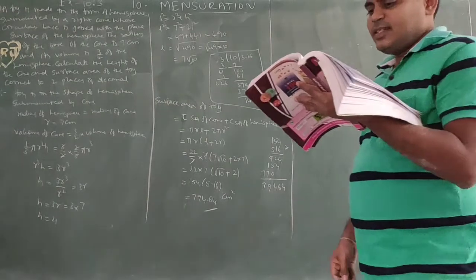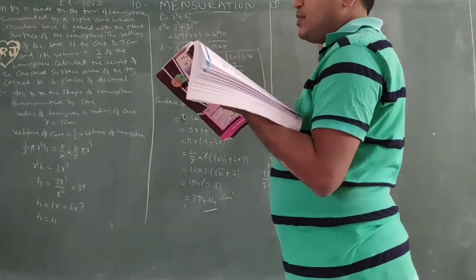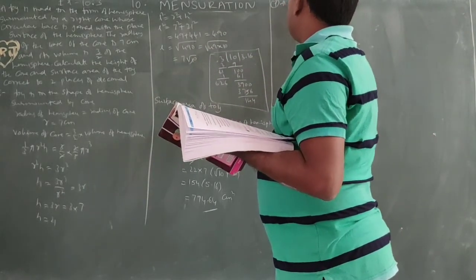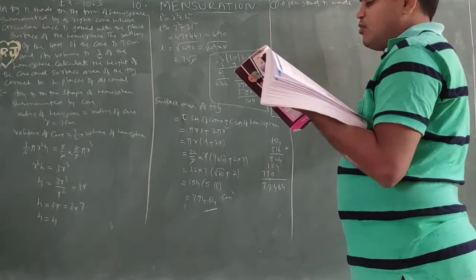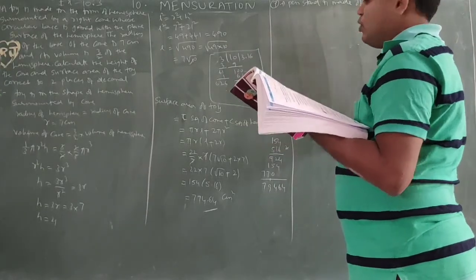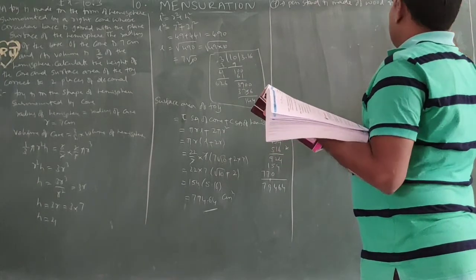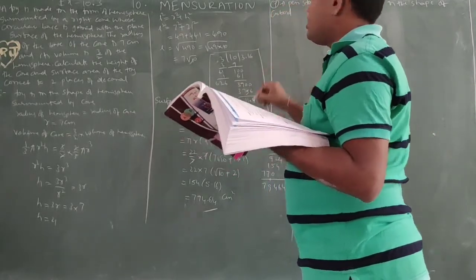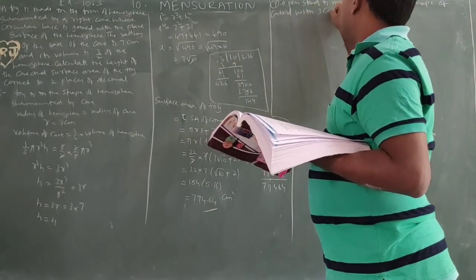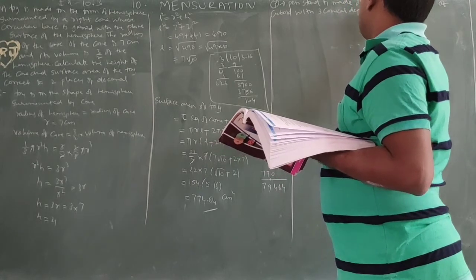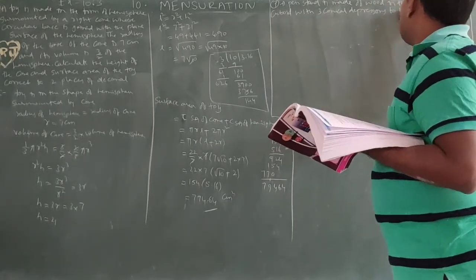So we will discuss the seventh question. The seventh question: a pen stand is made of wood in the shape of a cuboid with 3 conical depressions to hold the pens.